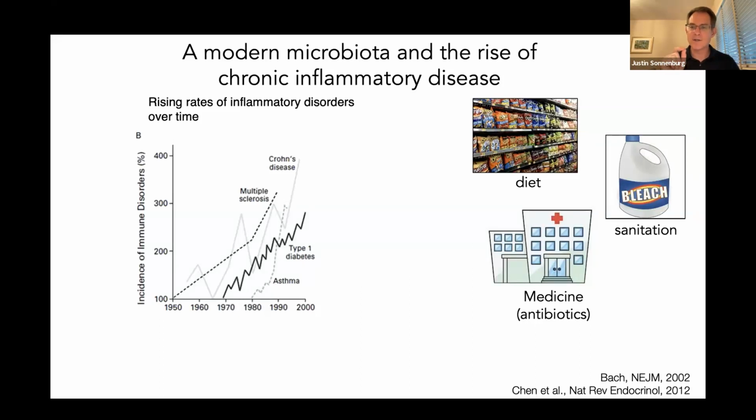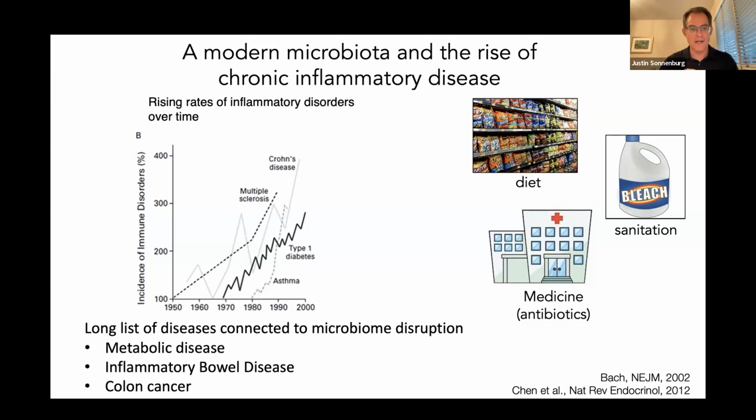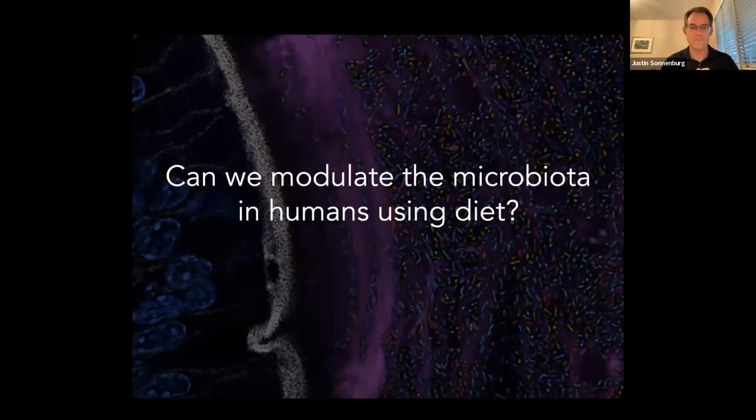Many of these diseases are driven by chronic inflammation, and we know the gut microbiome is a key modulator of our inflammatory state. We don't know all of the details yet, but there's a hypothesis that gut microbiome change is at the root of a lot of inflammatory diseases that are affecting our society: metabolic disease, inflammatory bowel disease, colon cancer.